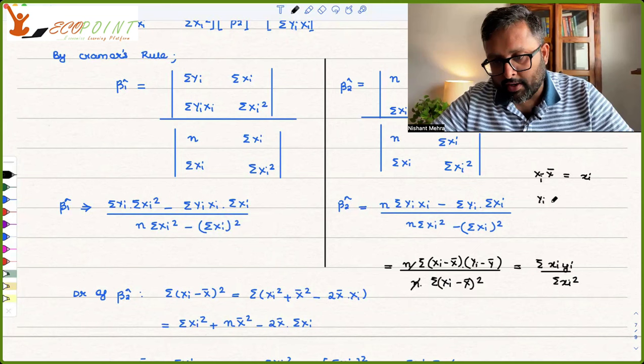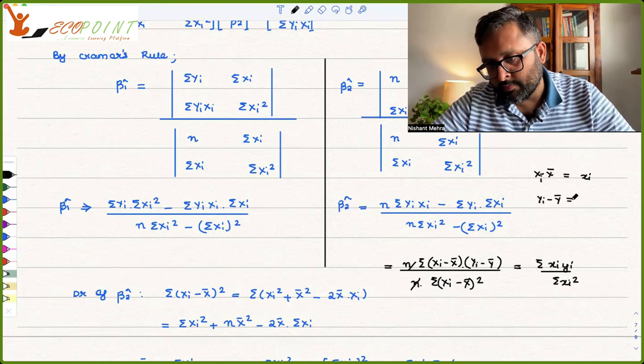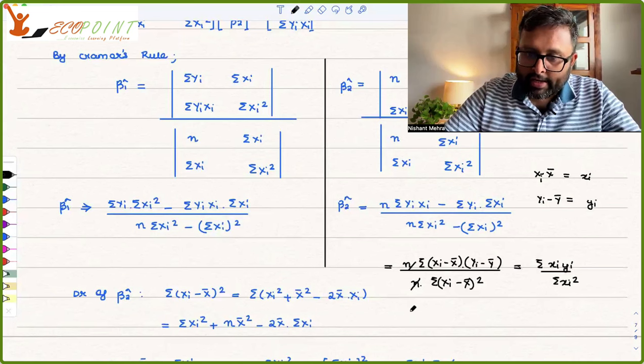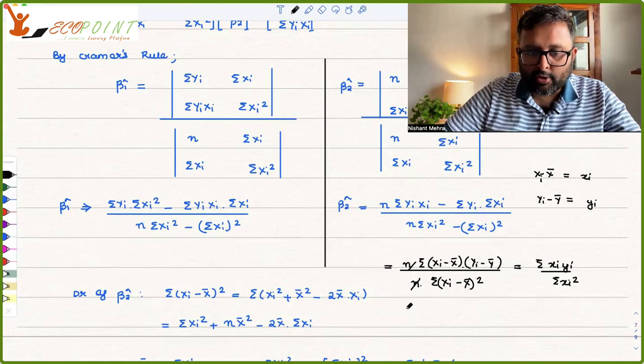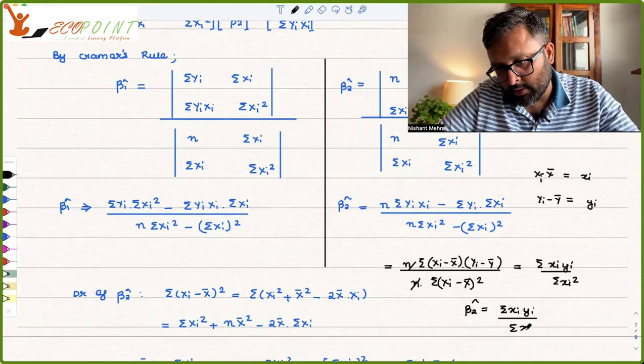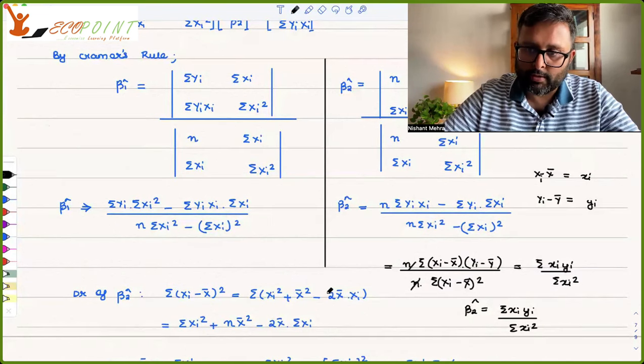Yi minus y bar is small yi, deviation from mean. So the idea is that you can write beta 2 hat as simply summation of small xi small yi upon summation of small xi square.